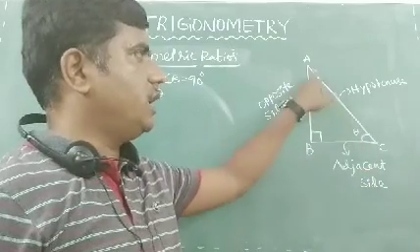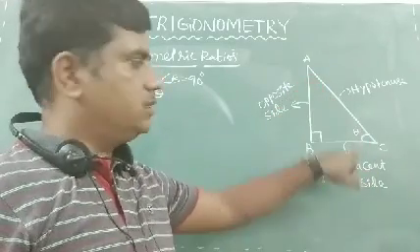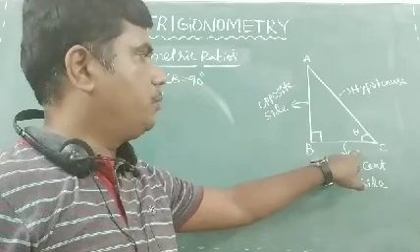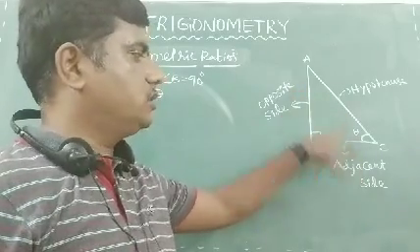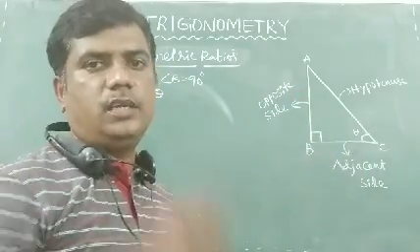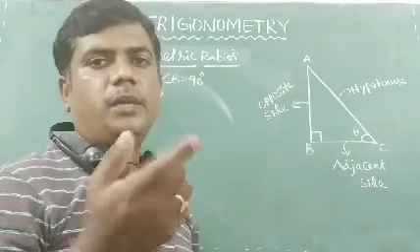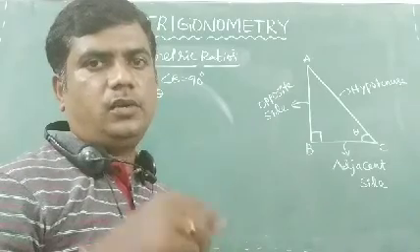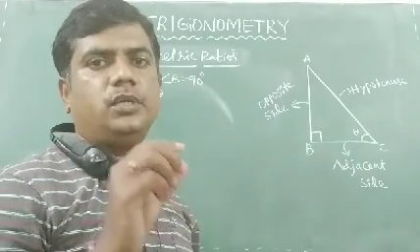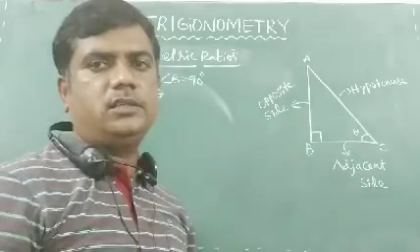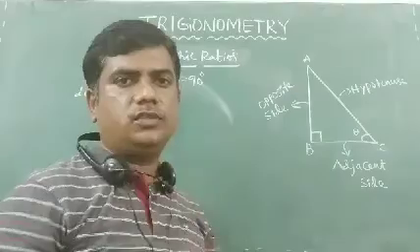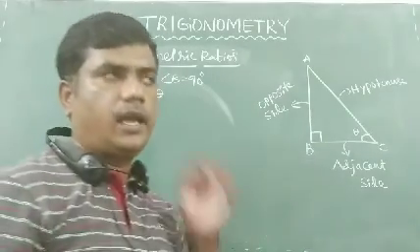But if you take this angle, then BC becomes the opposite side and AB becomes the adjacent side. So opposite and adjacent sides may change their place depending on the assumed angle. But the hypotenuse never changes. It is always opposite to the 90 degrees angle.